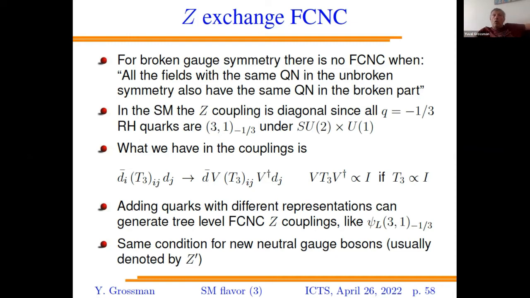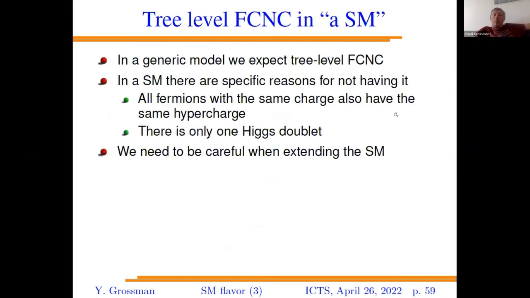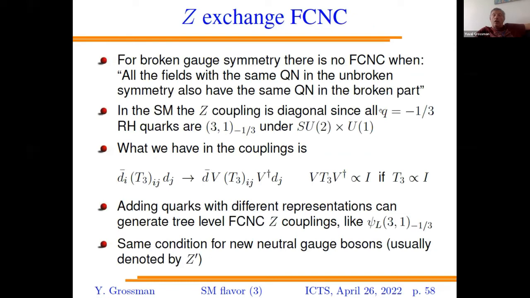Because Q, the electric charge, is equal to T3 plus Y. There's an infinite number of ways to get Q equal to minus a third from a combination of T3 plus Y, right? It doesn't have to be that all the charge minus a third come from this kind of representation.